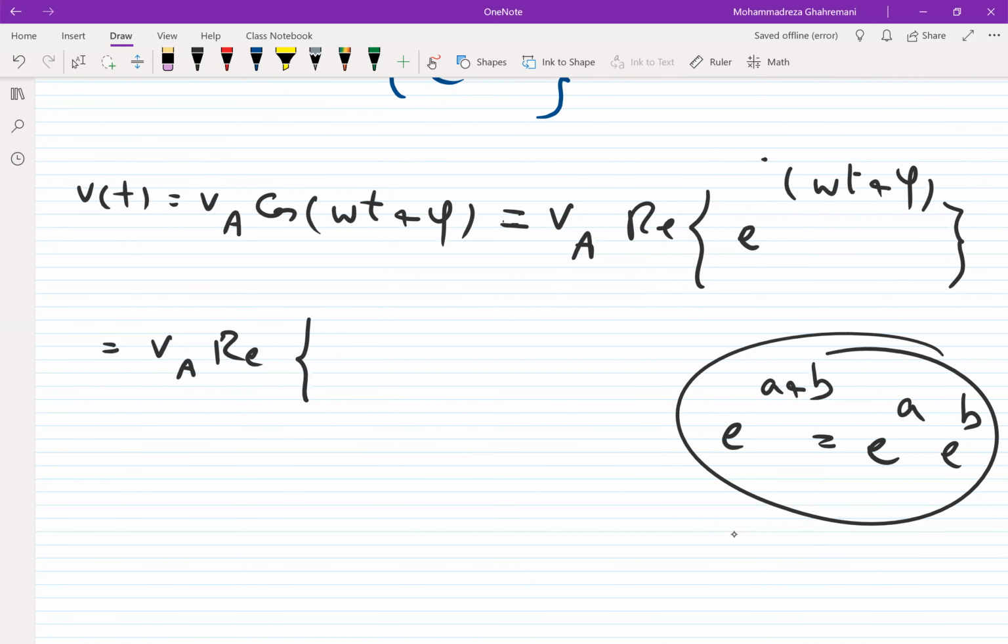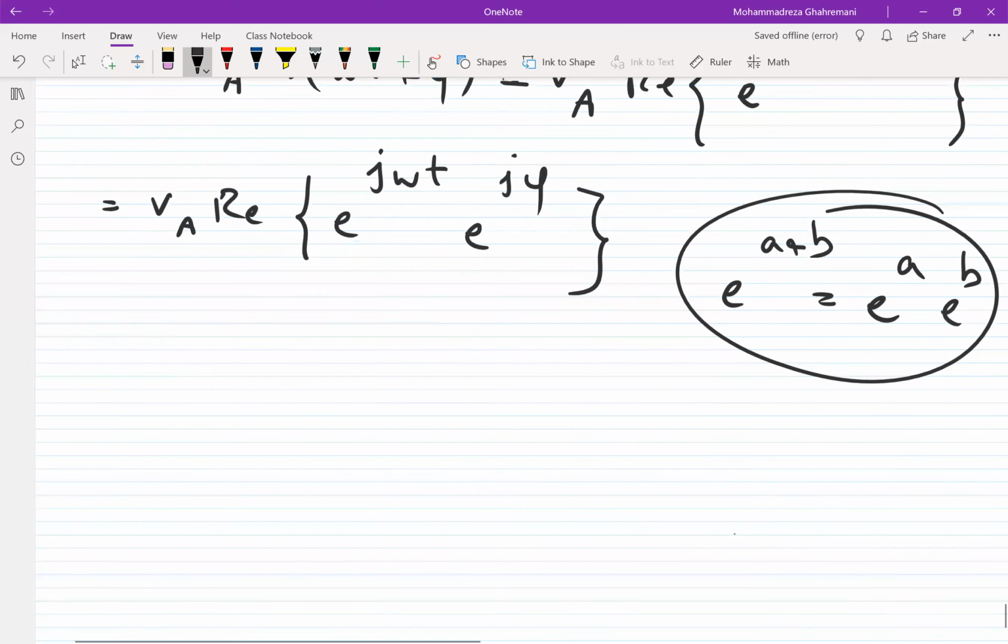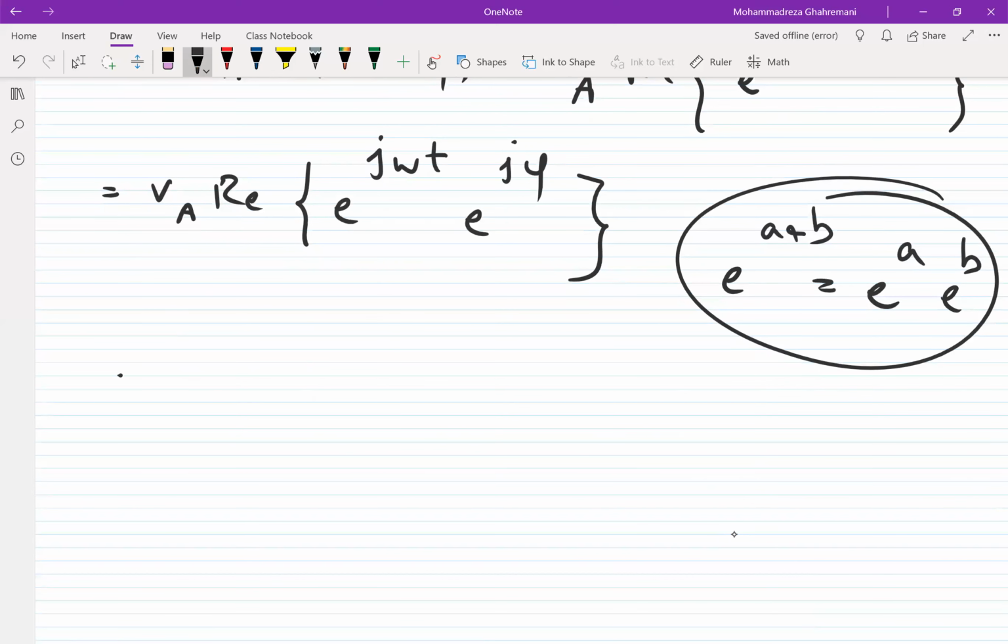So it is equal to VA times the real part of e to the j omega t times e to the power of j phi.